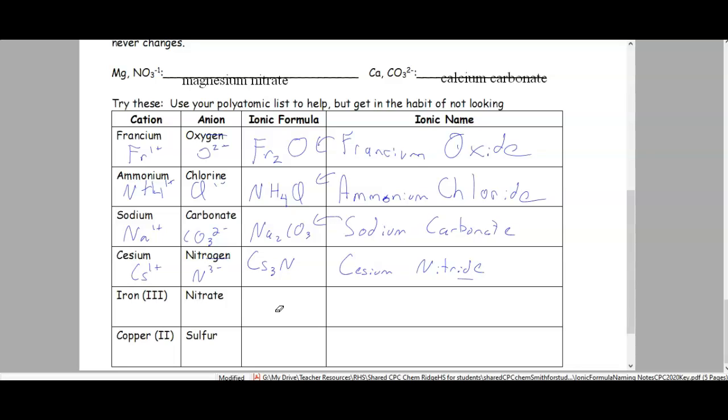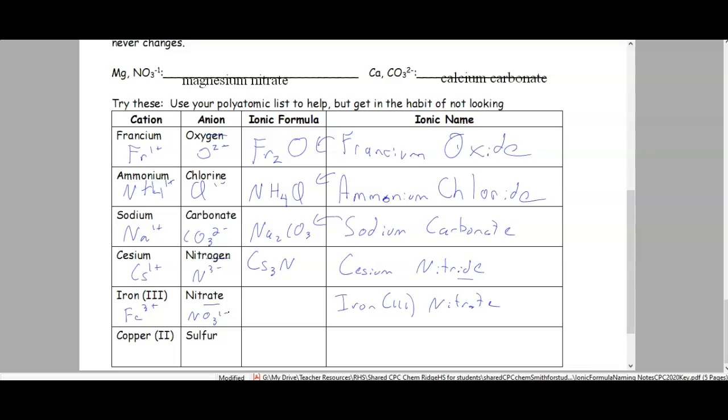Now iron 3 nitrate. So iron, now the Roman numeral does stay with it, because we need to know that charge. This name has to give us the formula. Now nitrate does not change. And so now you track these things down. Iron is Fe. That 3 means a 3 plus. Nitrate is NO3 1 minus.